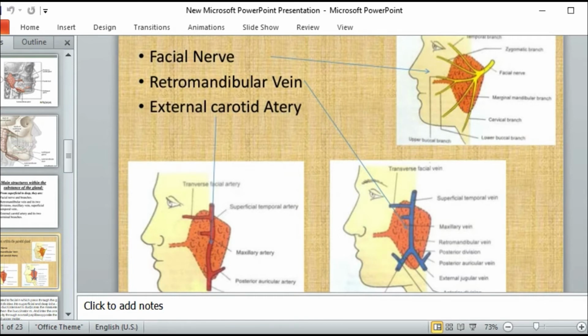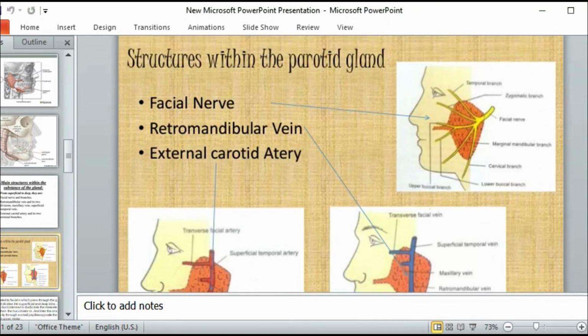Also during operations by the dentist or by the surgeons, it must be precise and it must be in a conservative way, so prevent trauma to these important structures. Another important structure that passes through the parotid gland, it's the external carotid artery. External carotid artery and its two terminal branch.